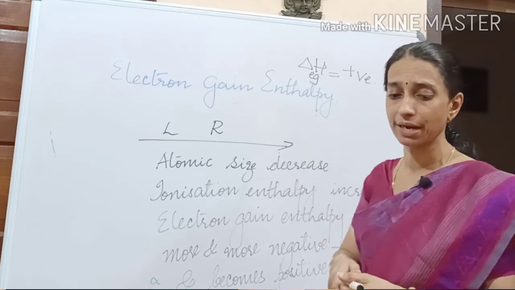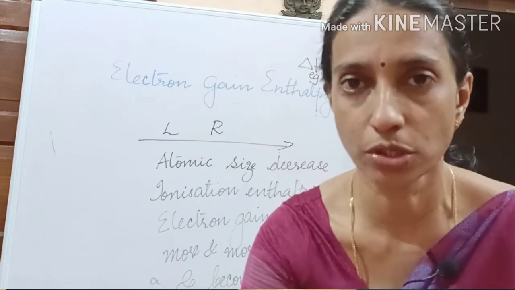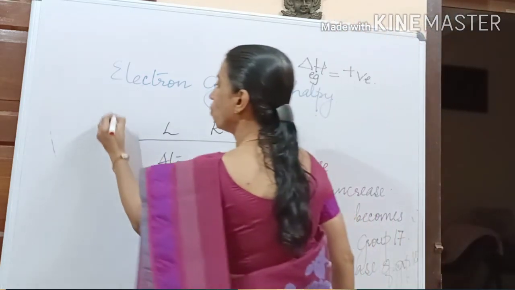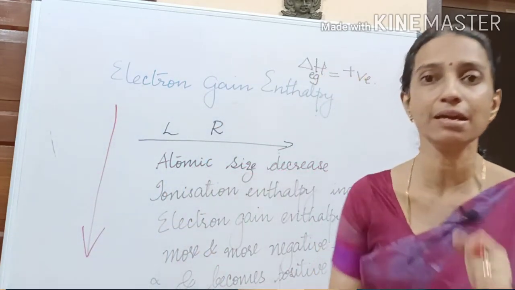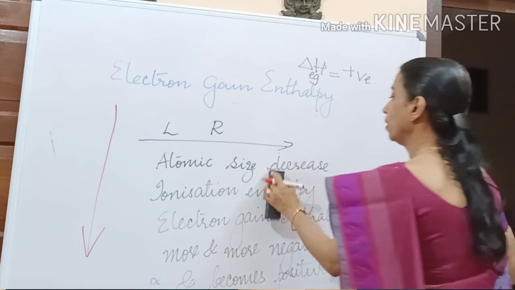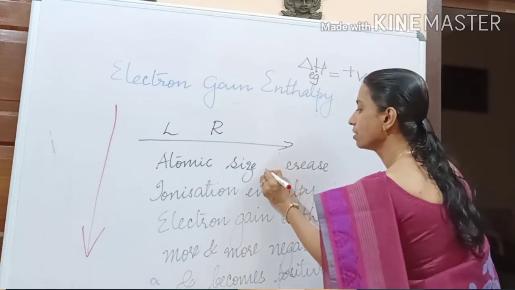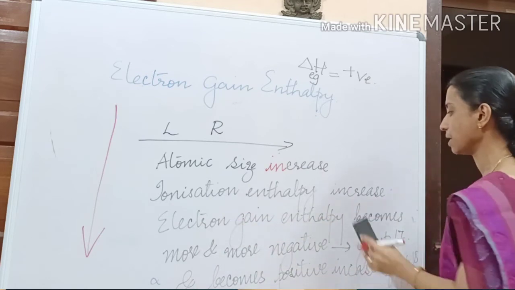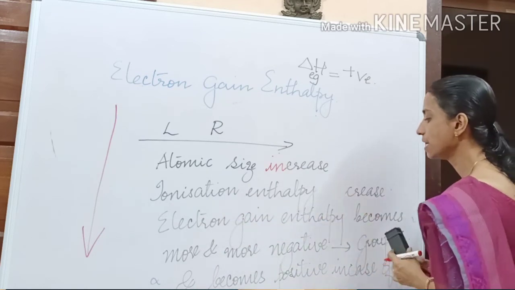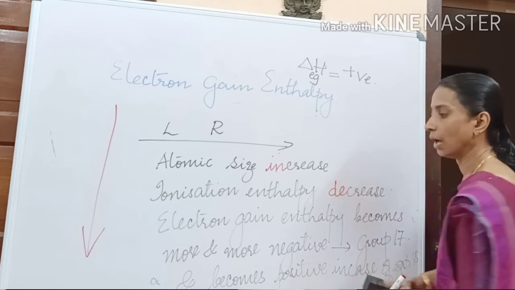Now check the trend when we are moving down the group. Down the group, what all changes happen? Atomic size will increase. When atomic size increases, what can you say about the ionization enthalpy? Ionization enthalpy decreases.